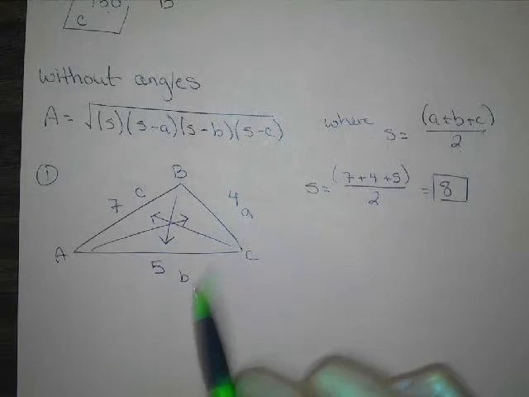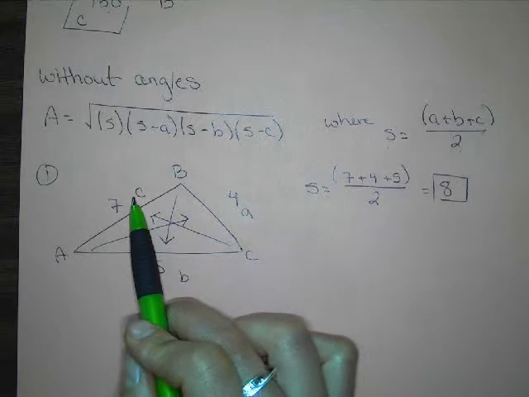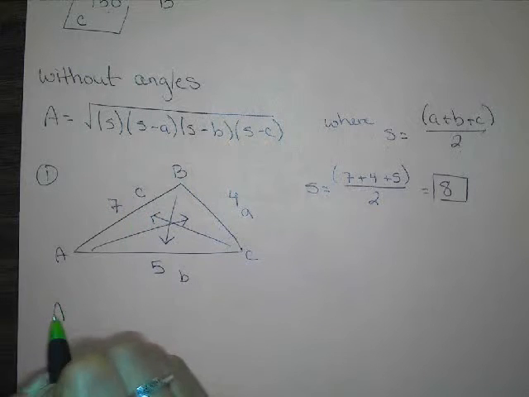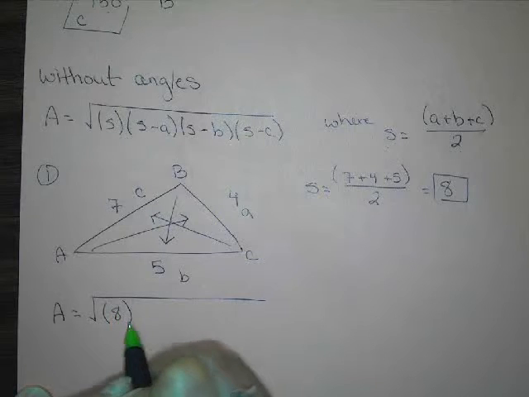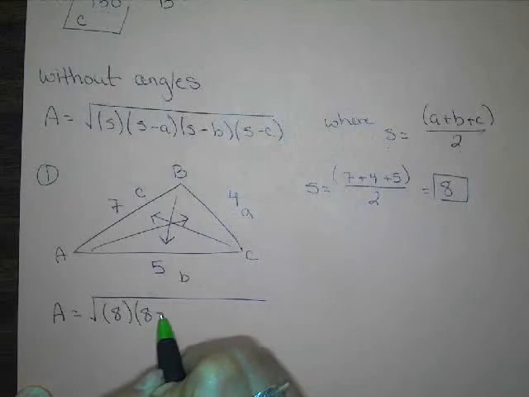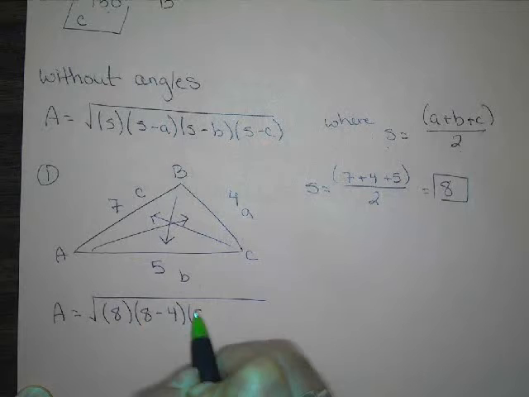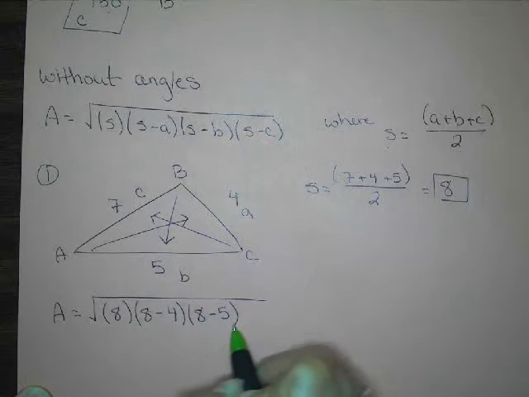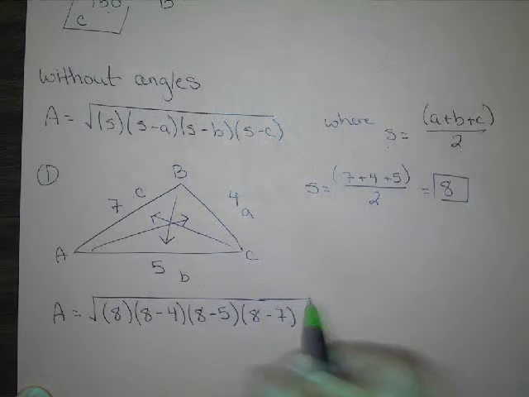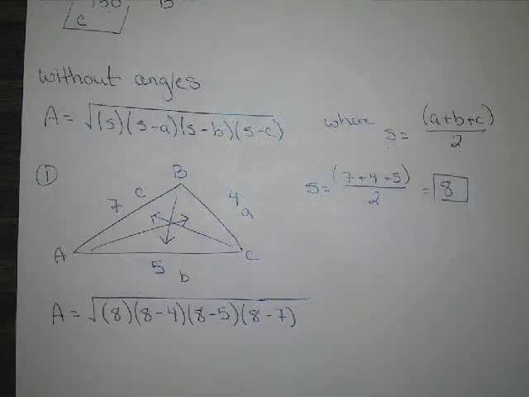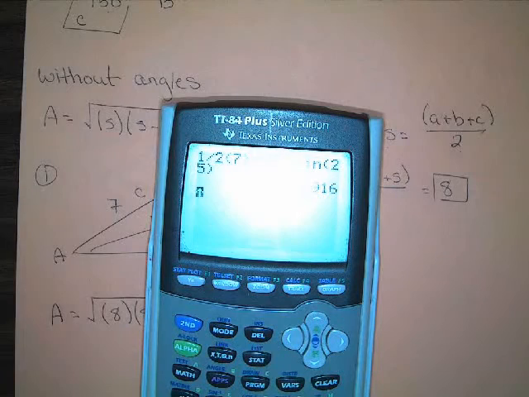I know what A, B, and C are, so all I need to do now is plug it into my formula. A equals square root of S, which is 8, times 8 minus side A, which is 4, times 8 minus side B, which is 5, times 8 minus side C, which is 7. And then I can just punch that into my calculator exactly like I see it.